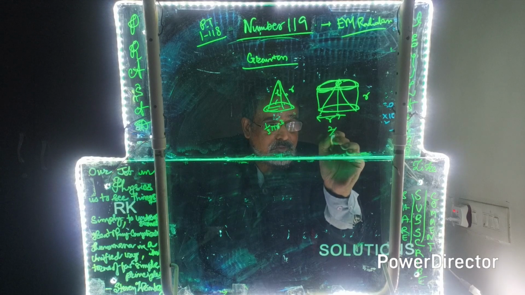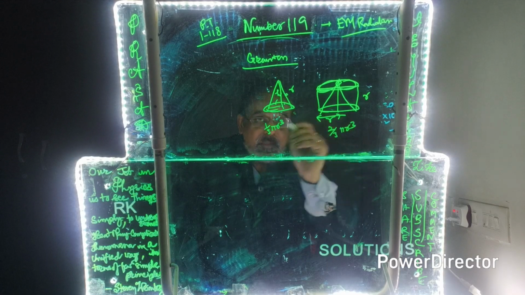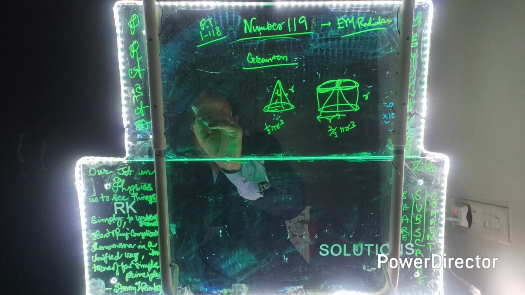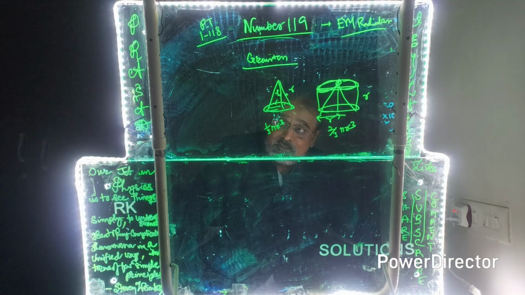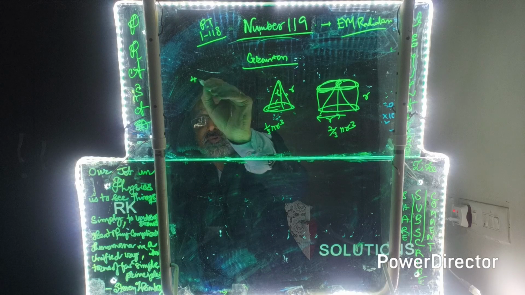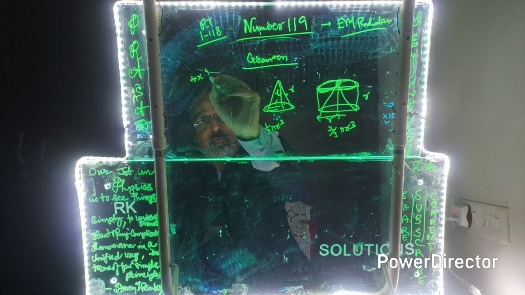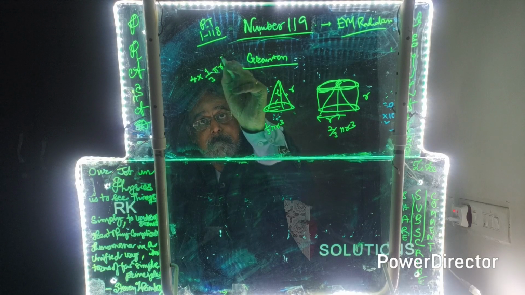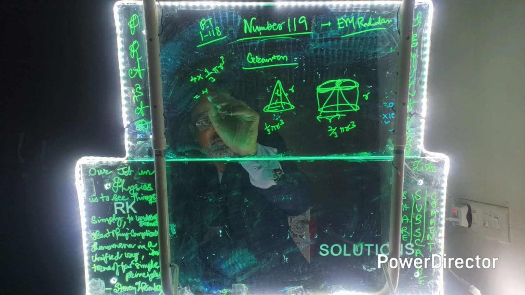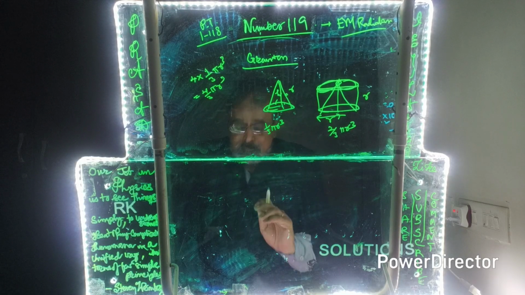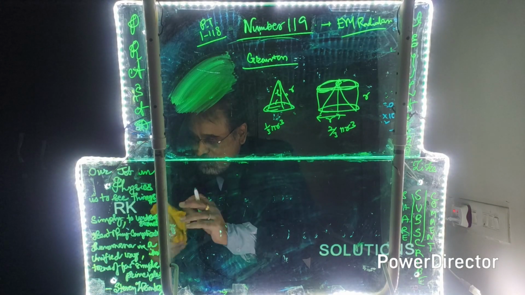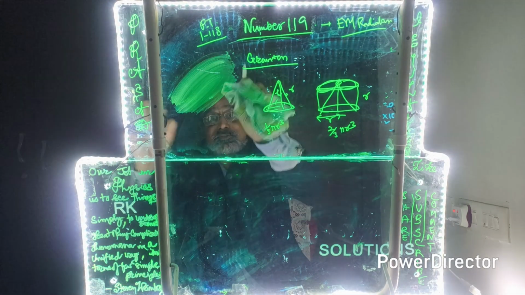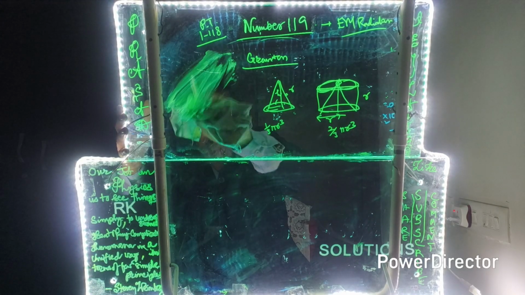So this is two thirds pi r cubed, and even more interesting, if you take 4 into one third pi r cubed, what do you get? 4 thirds pi r cubed. What is 4 thirds pi r cubed? It is nothing but the sphere. Right?